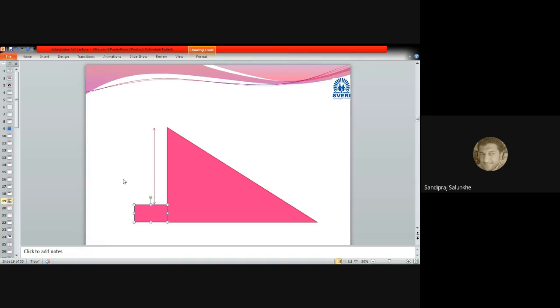And the same weight we are going to travel on this inclined path.